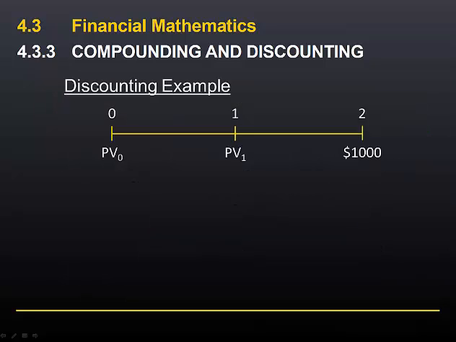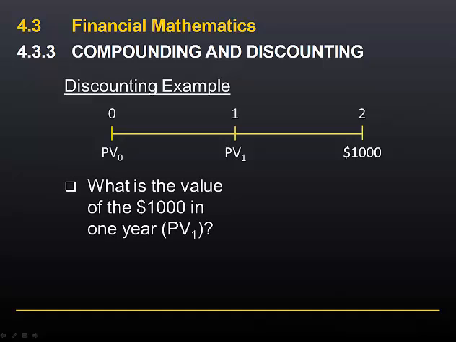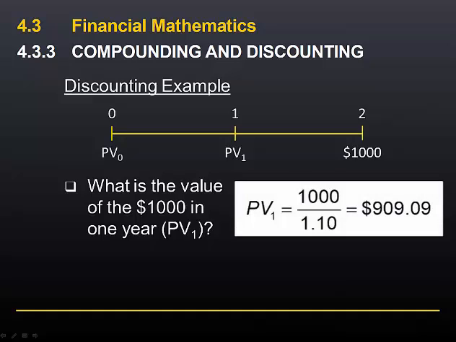Let's do an example of discounting. You are to receive $1,000 2 years from now. What is the value of that $1,000 in 1 year? In other words, PV1. The $1,000 is divided by 1 plus the interest rate, and therefore the answer is $909.09.